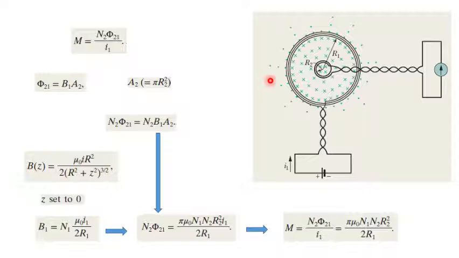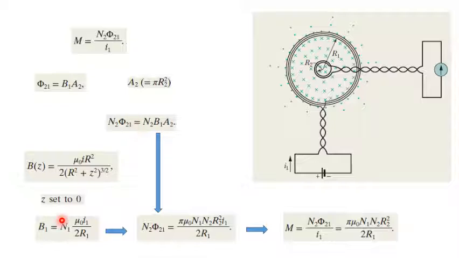Okay. Now we apply this for R1, and we have N1 turns. So the magnetic field due to the first coil is N1 multiplied by mu naught I1 over 2R1. So this is B1. Now we have B1 and we have the area. So the flux linkage is N2 multiplied by phi 21, so it is N2 multiplied by B1 multiplied by area 2.